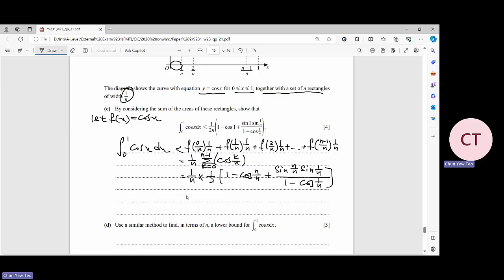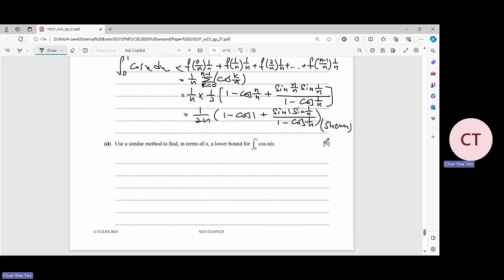Then simplify it, you get 1 over 2n, times 1 minus cos 1 plus sine 1 over n divided by 1 minus cos 1 over n, as shown. So this is how you use the result in part B.